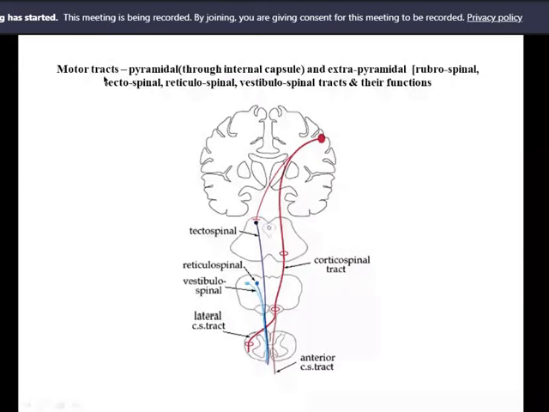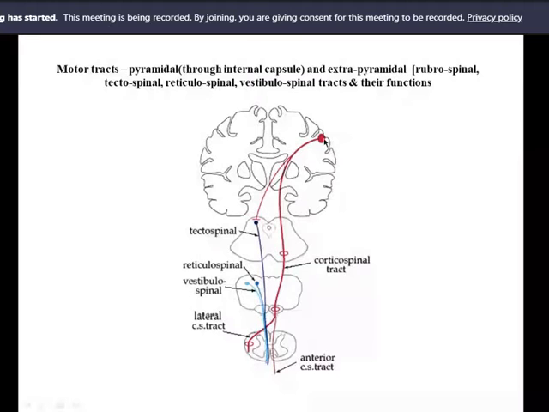It is in the midbrain actually. From midbrain the tectospinal tract starts. Then from the reticular formation the reticulospinal tract, from the vestibular nucleus vestibulospinal tracts, and from the olivary nucleus olivospinal is also there. Those rubrospinal, tectospinal, reticulospinal, vestibulospinal, olivospinal, are collectively known as extrapyramidal tract.